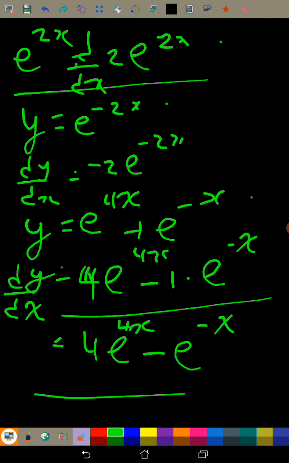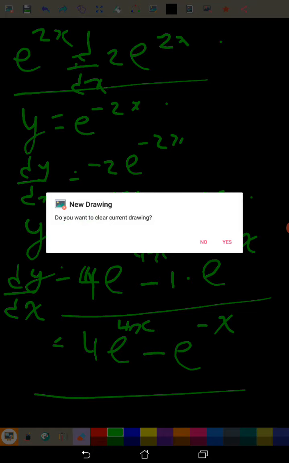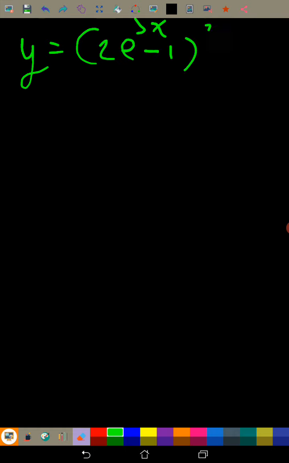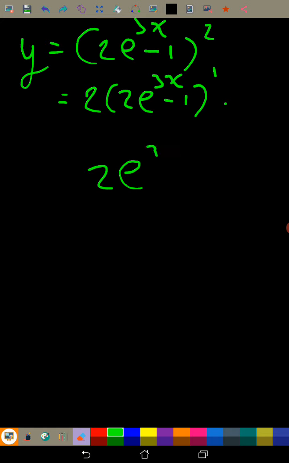Yeah. So that's easy. And just for the form, if you have y is equal to (e^3x minus 1) to the power of 2, we can use the chain rule, and this time this is going to be 2 times what is inside, so we'll have 2(e^3x minus 1).